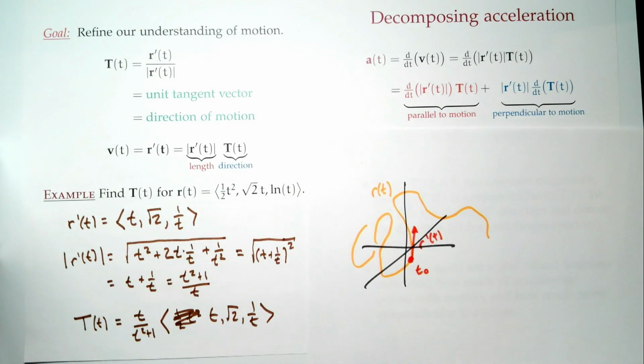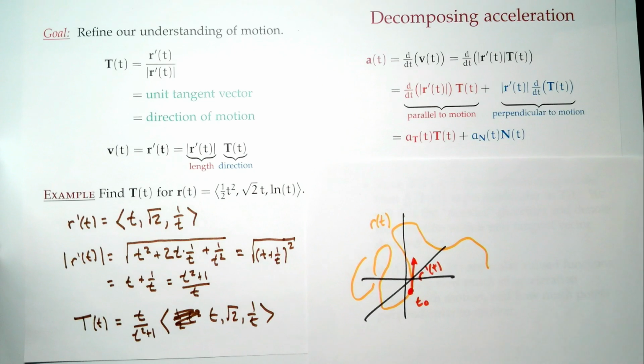What we're going to end up with is this: we can always take acceleration and break it into two pieces. Every acceleration we're going to think of as having one part in the direction of our motion. When I say in the direction, it means parallel to some multiple of motion. So when it's parallel to motion, it's like pulling it forward and speeding it up, or maybe slowing it down, depending upon the sign.